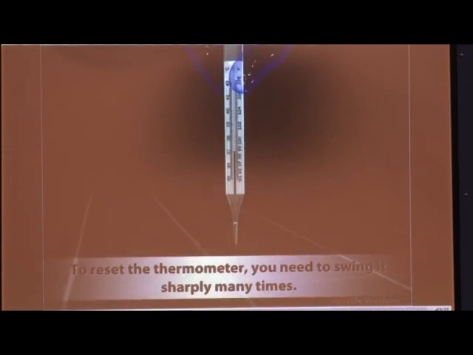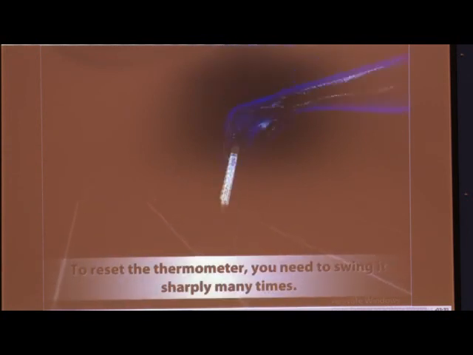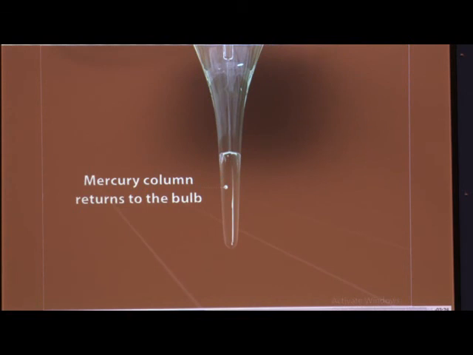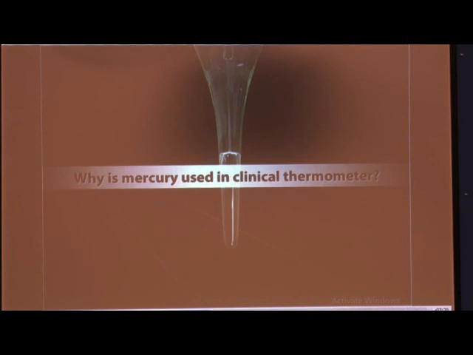To reset the thermometer, you need to swing it sharply many times so as to make the mercury column return to the bulb. Why do you think mercury is used in a clinical thermometer?